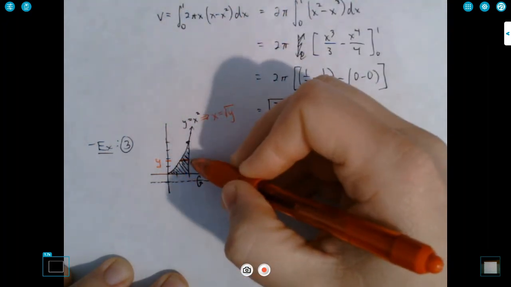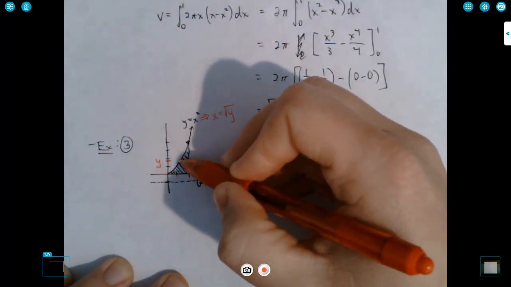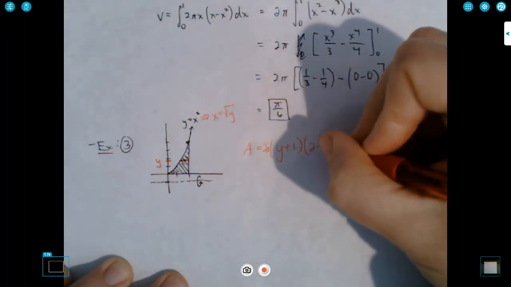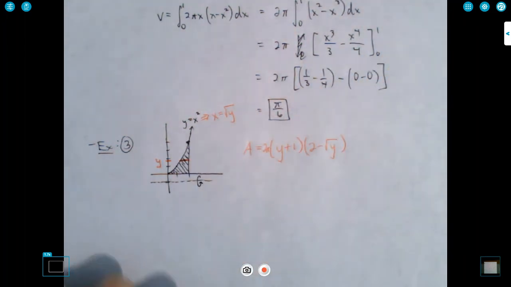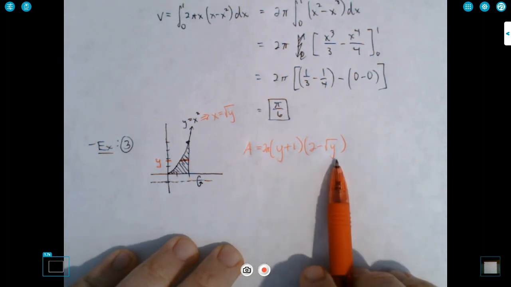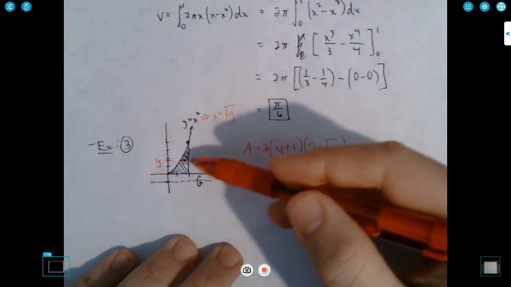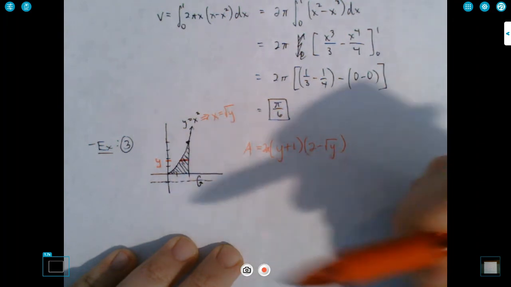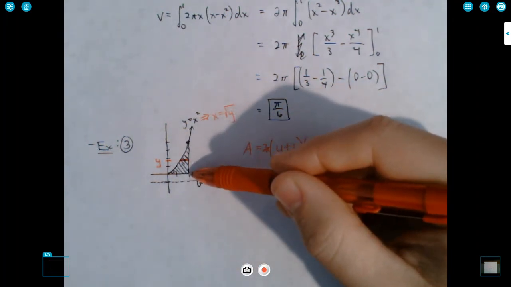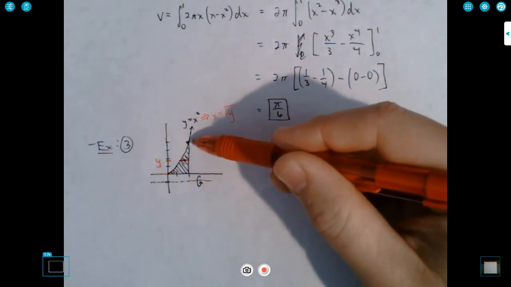So it would be 2 minus square root of y. Okay. So there's the area of one shell. Obviously, we're going to integrate with respect to y. But that's for one shell. I'm going to do this for all of the shells between y equals 0 and y equals 4.